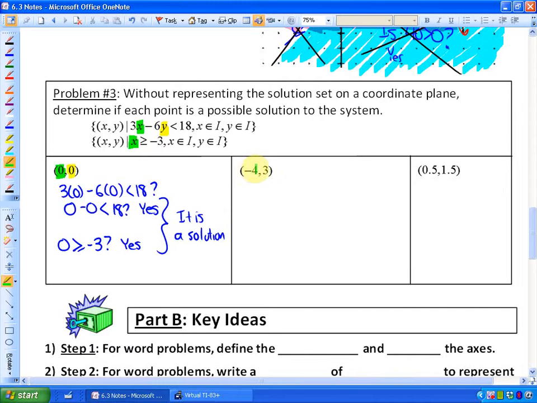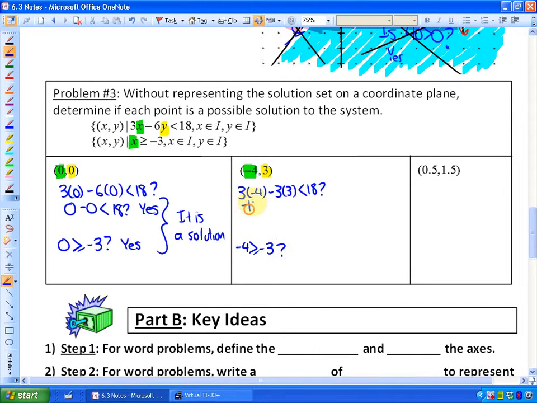So this next one, the coordinate is negative 4 and positive 3. So if we substitute negative 4 in for x and positive 3 in for y, for the first inequality, we'd say is 3 times negative 4 minus 3 times 3 less than 18, and also is negative 4 greater than or equal to negative 3.